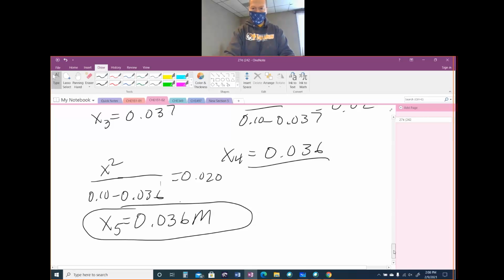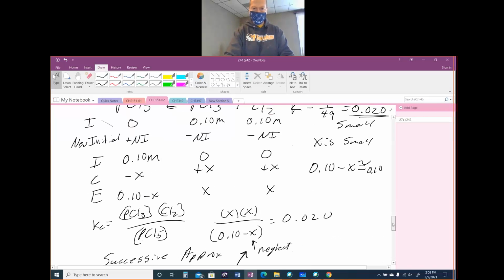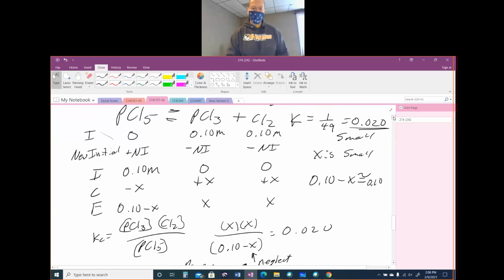All right, so now we have to answer the question. And the question is the same as before. What are the equilibrium concentrations? All right, so now we know that our x value is 0.036. All right, and so we have our equilibrium concentration.